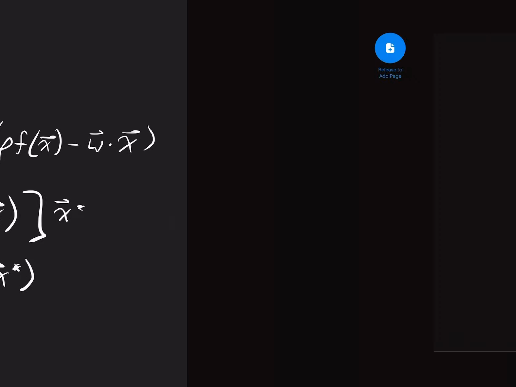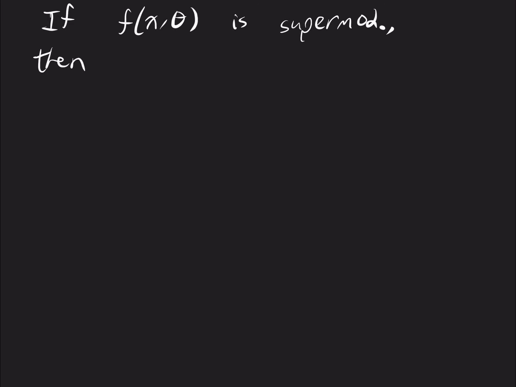Now to talk about supermodularity, the big result here is if f of x and theta is supermodular, then the optimal choice increases as theta increases.